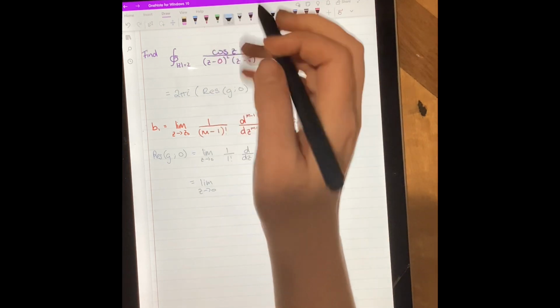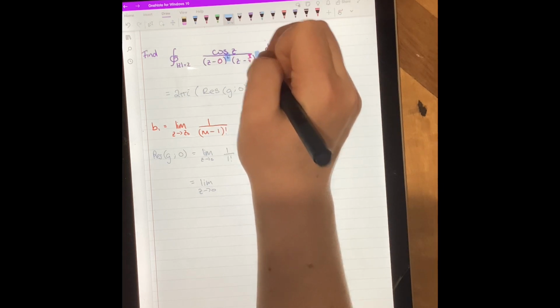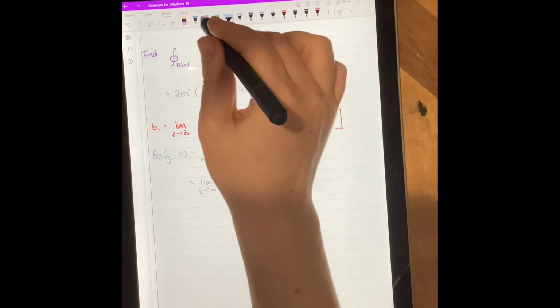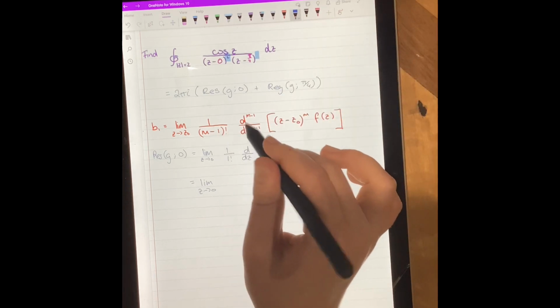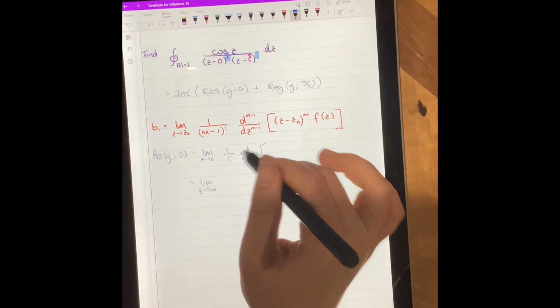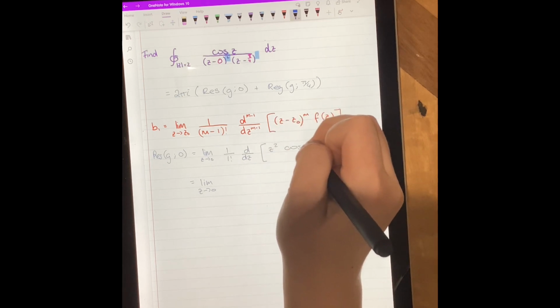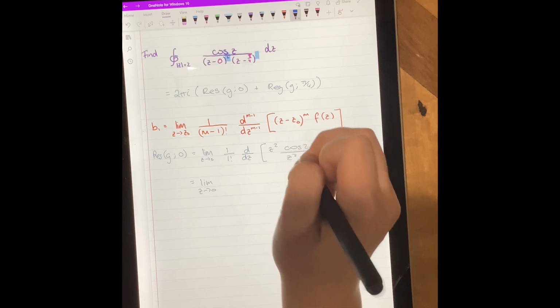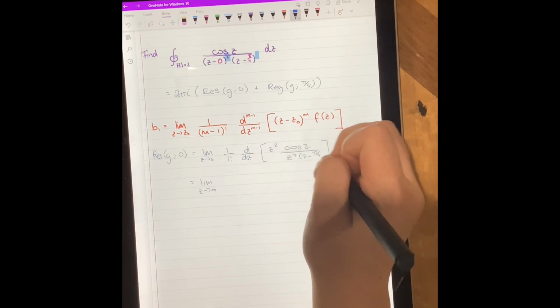So we have m for this first bit is 2, for the second bit it'll be 1. So m minus 1, so 2 minus 1 is 1, so it's 1 over 1 factorial, first derivative of z squared cos z over z squared, z minus pi on 4.